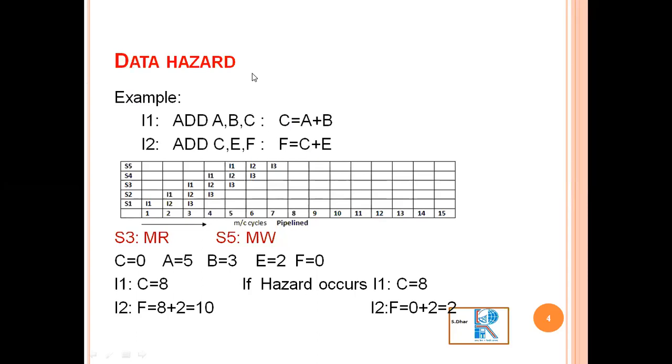This is not a control hazard because it is not a branch instruction. This is not a structural hazard, that means it is not due to the memory read structure in the system. This is due to the two consecutive instructions using the same register, the common register. So this hazard is called the data hazard.